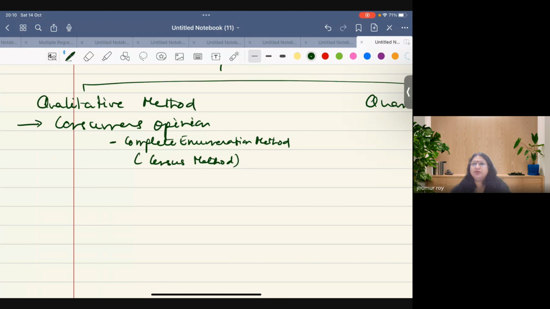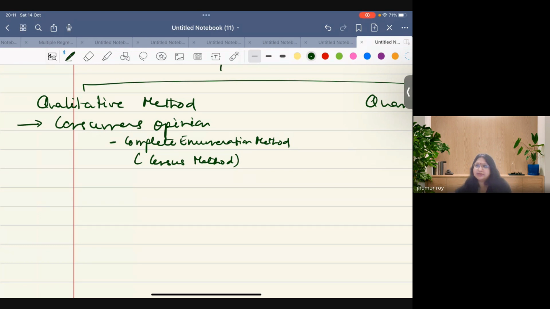So you do not miss out on any person. So if in a particular housing complex I have a shop, I will go to all the people who are there and take everybody's opinion. So that is taken as a complete enumeration method, where each and every customer's opinion is taken.